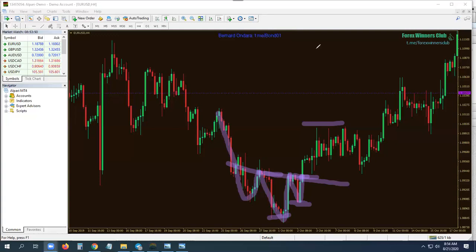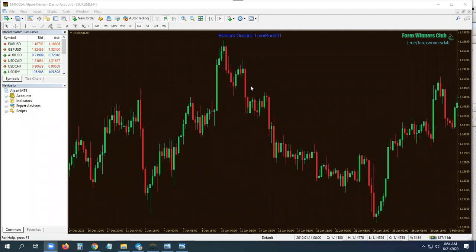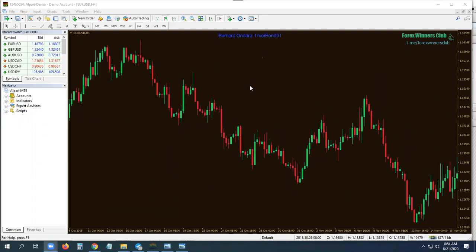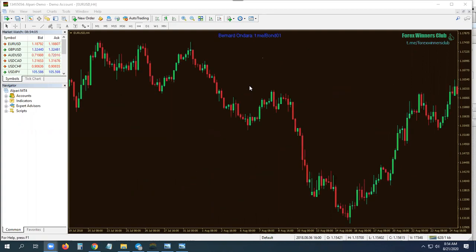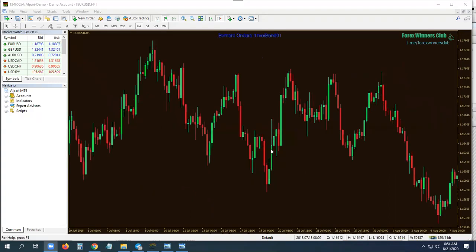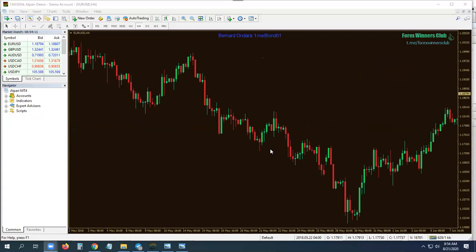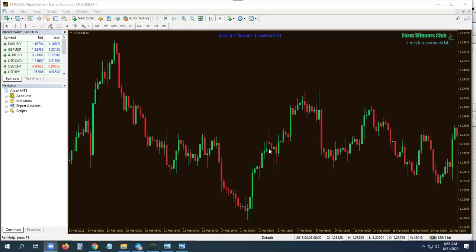We need another example. Okay, for your benefit, I'll give you another example. Quickly see whether we can spot one. Doesn't look like a very nice one. This one doesn't look like a clear inverse head and shoulders.